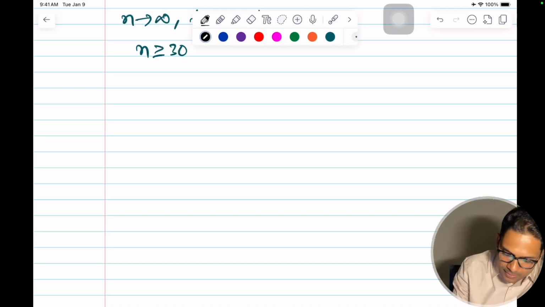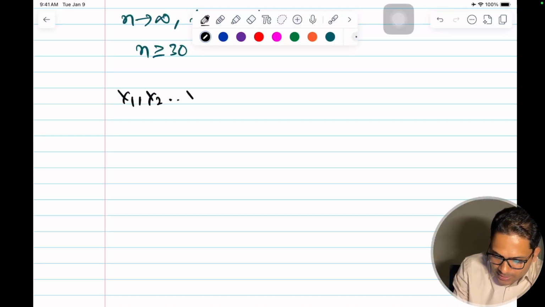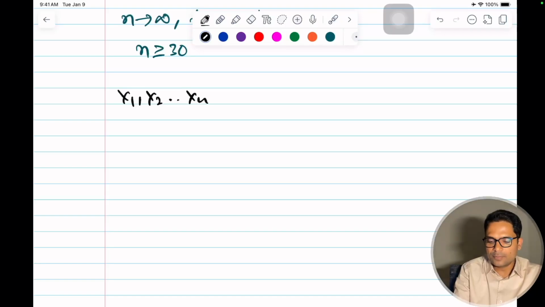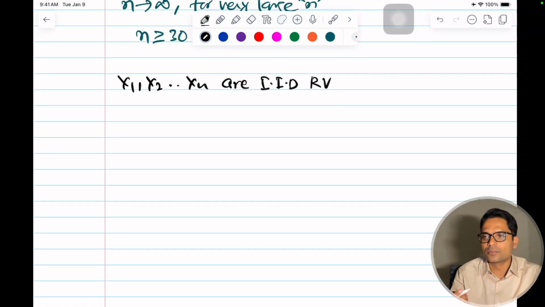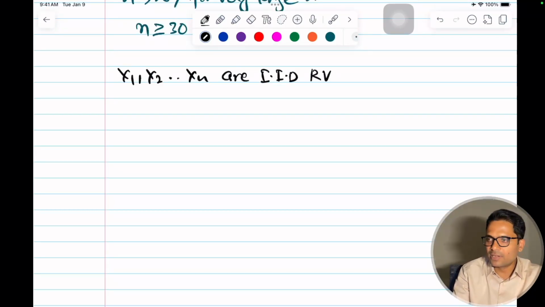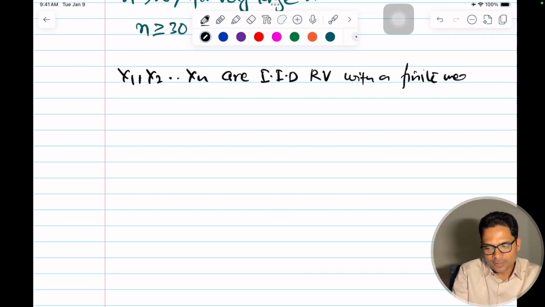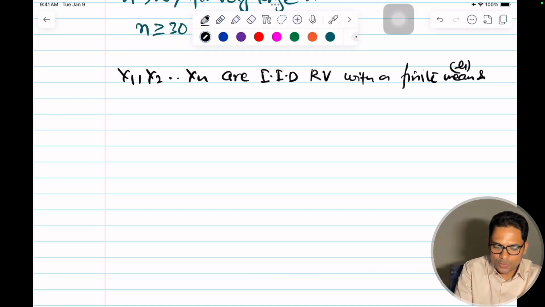So let's write x1, x2, like that up to xn, which as I mentioned earlier are IID random variables, with a finite mean mu and finite variance.